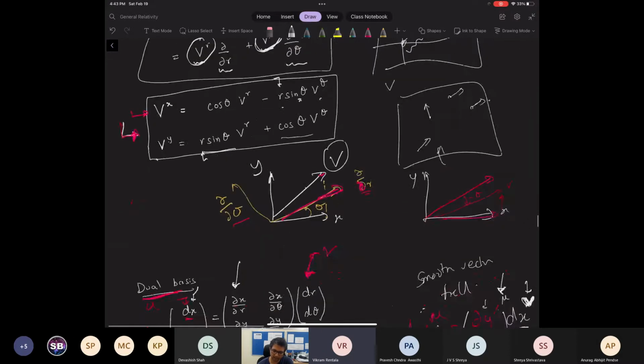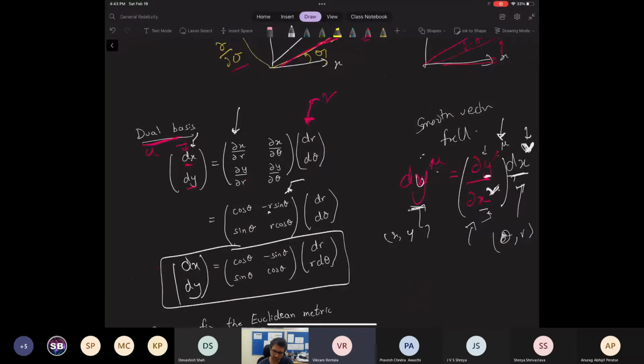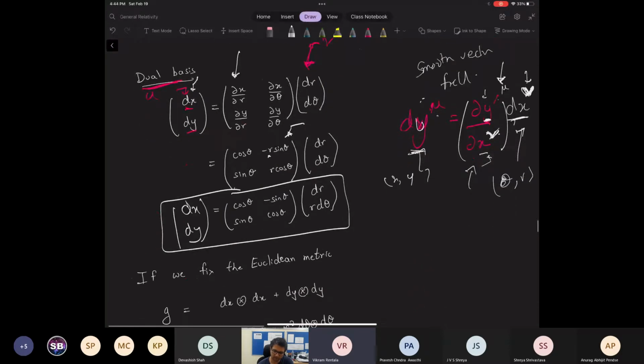Similarly, this is also exactly the same transformation rule, rotation by minus theta. It just happens to be exactly the same transformation rule in this case. It doesn't always have to be the same transformation rule.